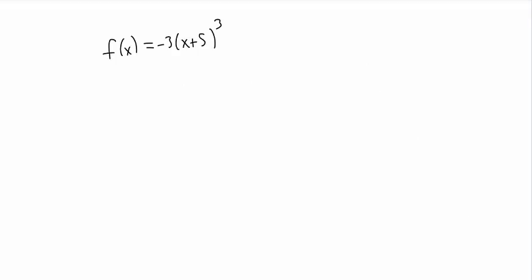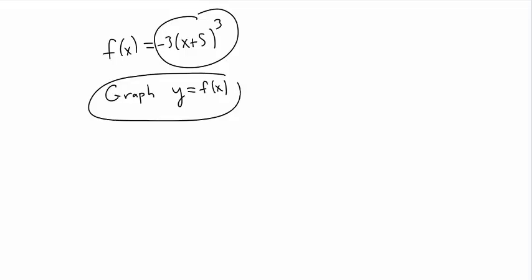Let's take a look at the function defined by the formula minus 3 times the cube of x plus 5. Let's sketch a graph of y equals f of x by hand. So take a look at this formula.